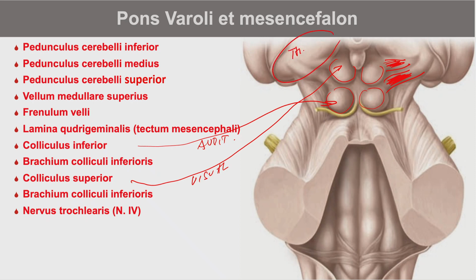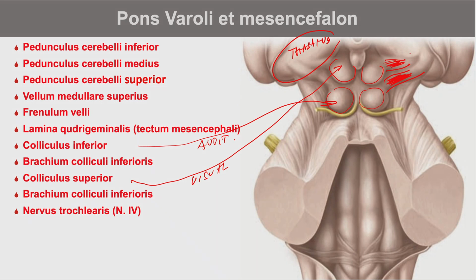And then from both of those structures we can observe white matter structures which are communicating with this large structure called thalamus, which is not part of the brainstem, it's a part of the diencephalon. And here the communications, white matter bands, are called brachium. Brachium colliculi inferioris and superioris, so brachia.